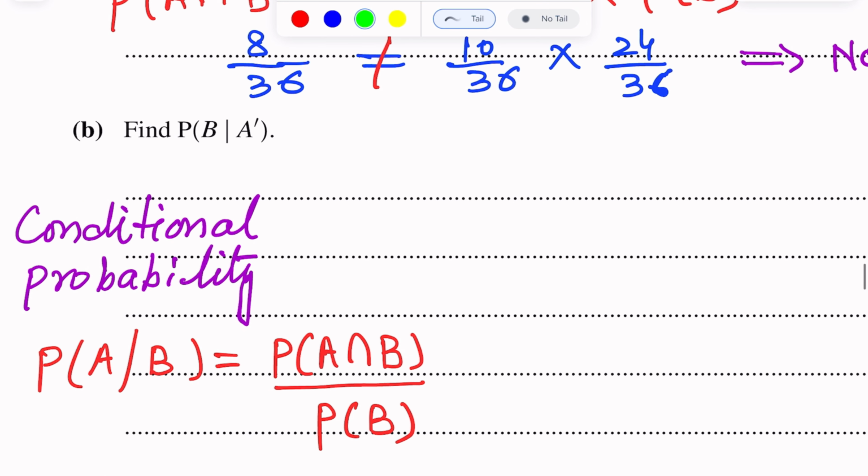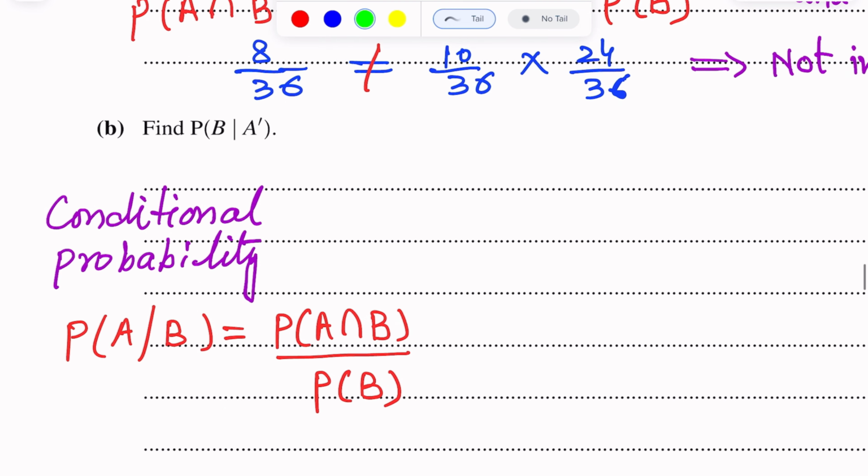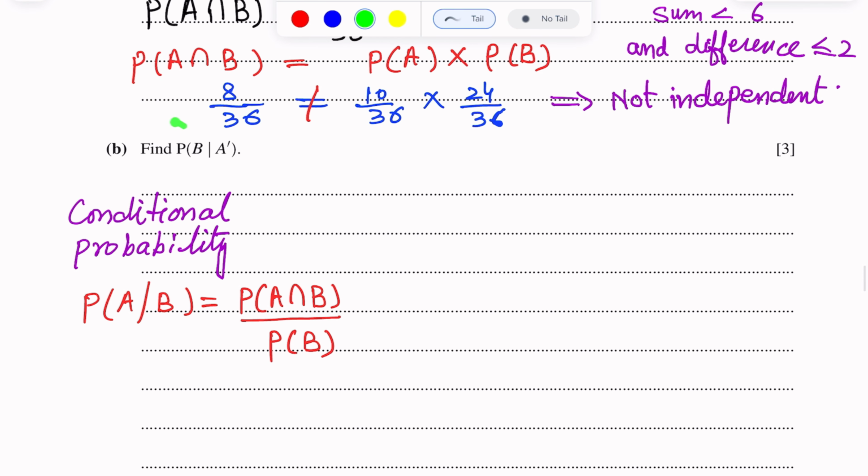Now, in the question, we have to find the probability of event B given A dash. A dash is the complement of A, so according to the question, we will use this formula to find conditional probability.